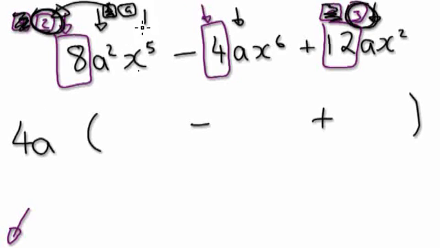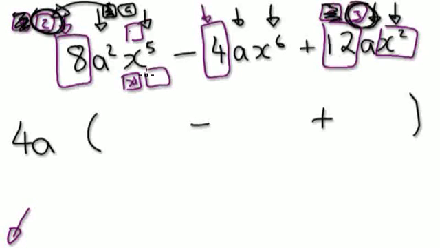Let's sort out the x. You've got x to the power 5, x to the power 6, x to the power of 2. So here the highest common factor is really just x squared. So visualize this bit here as x squared times x to the power 3. So later on you're going to remove the x squared, leaving you x to the power 3.